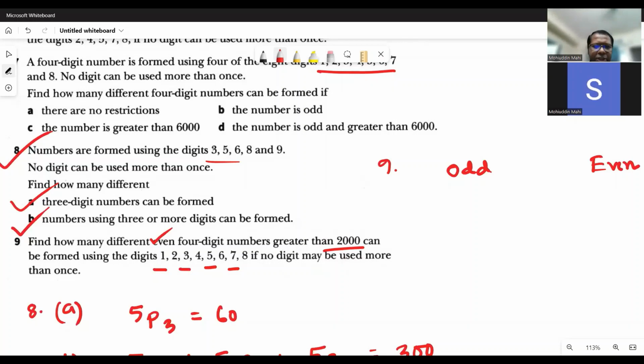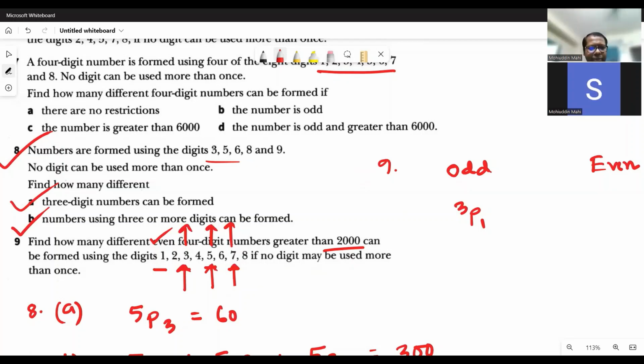So in the first position, we can use either 3 or 5 or 7. So we have 3 odd digits available from which we can pick 1 digit to put in the first position of the number. And in how many ways can we do it? We can do it in 3P1 ways.